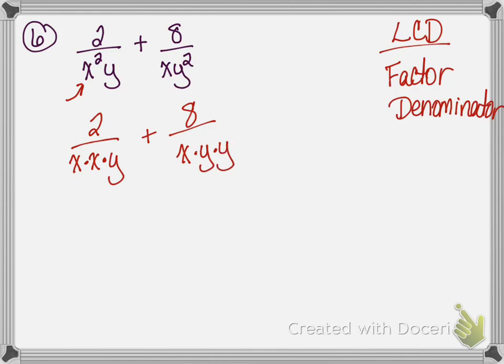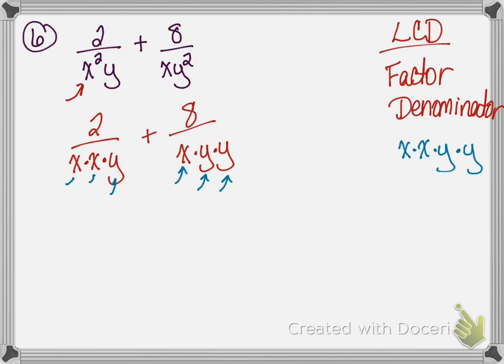Okay, so for my LCD, I've got an X and I've got an X. Okay, and then I have a Y. Okay, when I look at my second fraction, I have an X that I've got accounted for. So I don't need to write that again. I have a Y that's already accounted for. Is this second Y already accounted for? I have to have another Y there.